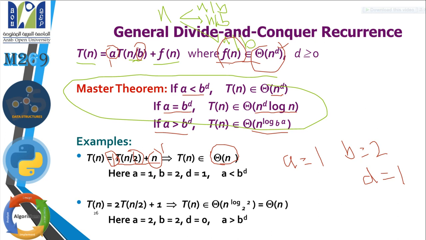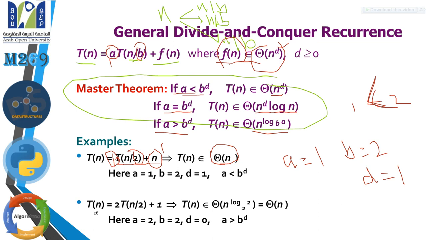So, let's try the first condition. Is a less than b to the power d? Yes, a is 1. b to the power d: b is 2 to the power 1 equals 2. Less, not equal. Less.